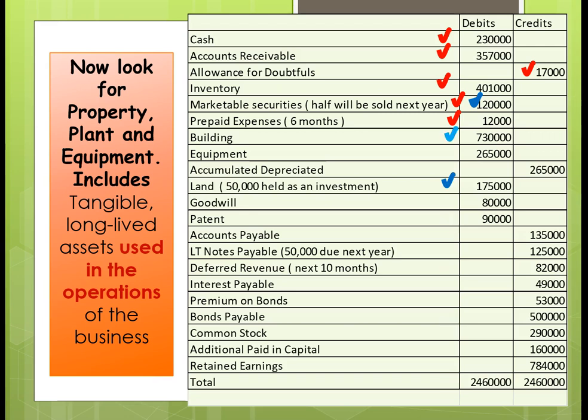We would have our building, we would have our equipment, we would have our accumulated depreciation, and we'd have the balance, or the 125, of the land that is being used by the business, which is the difference between the 175 minus the 50 that we've already shown as part of investments. Now we're going to look at this on our classified balance sheet.